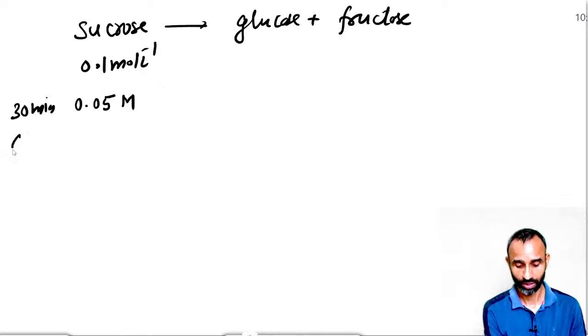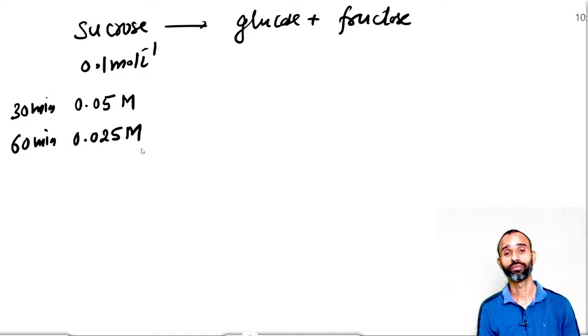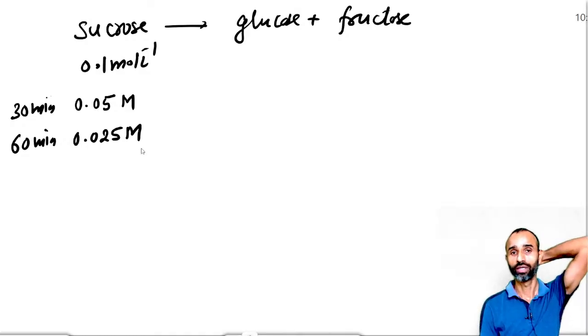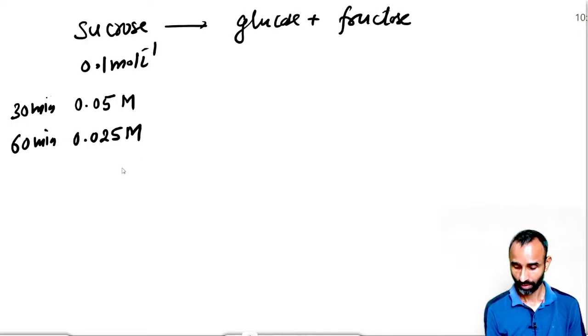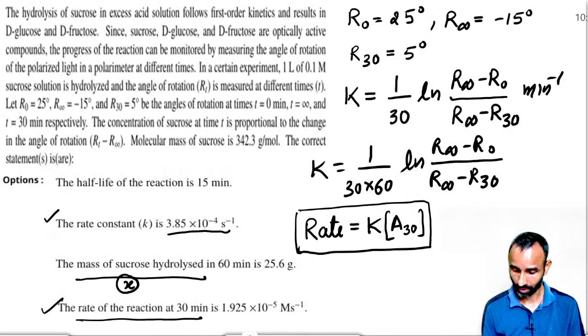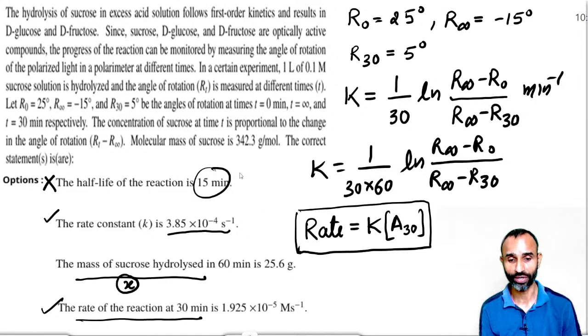And after 60 minutes, it becomes 0.025 molar, because it is first order kinetics. So after every 30 minutes, it is halved. That means the first option is incorrect, because half life is not 15 minutes, it is actually 30 minutes.